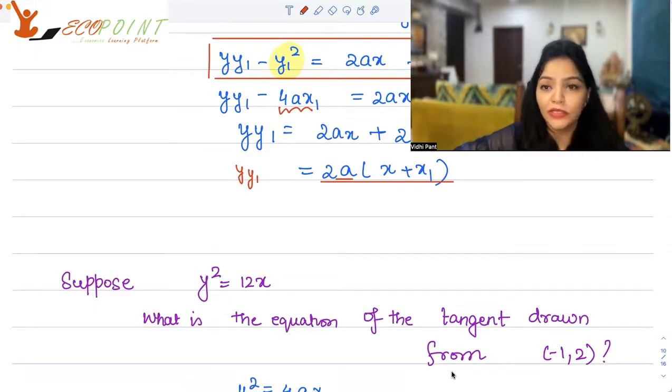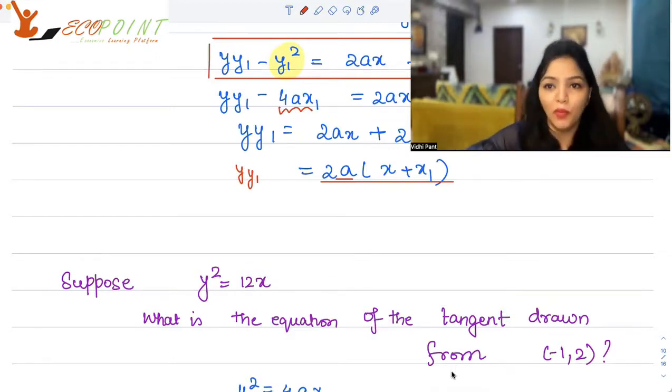We are not saying in this question that the tangency is happening at -1, 2. No, we are talking about a point from where I'm drawing the tangent to this parabola. So both the things are different. The previous question was a general form, a different thing. This is a different thing.